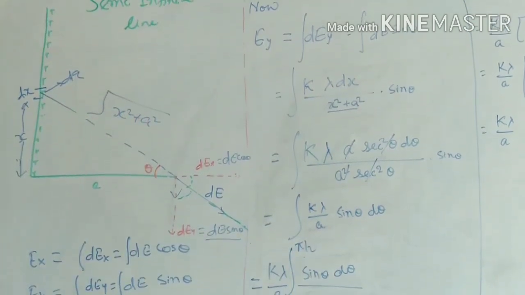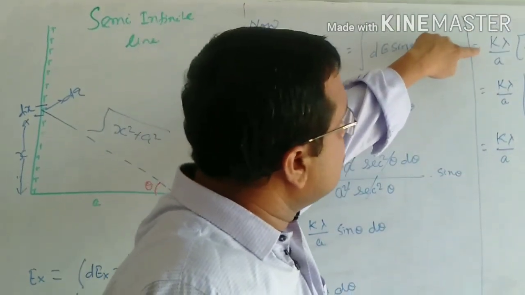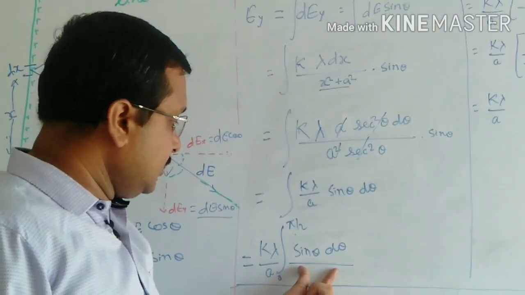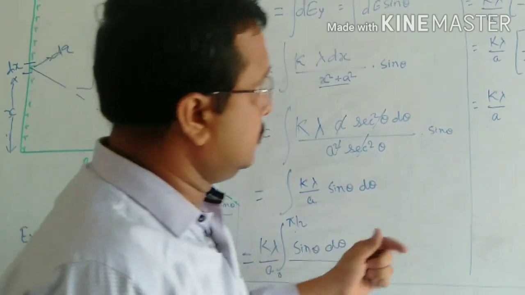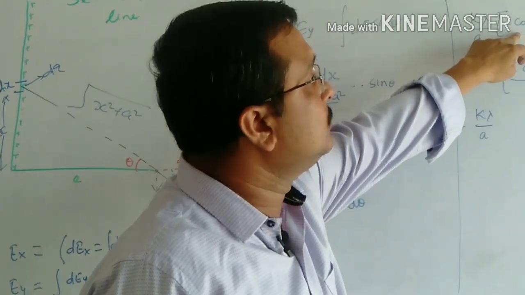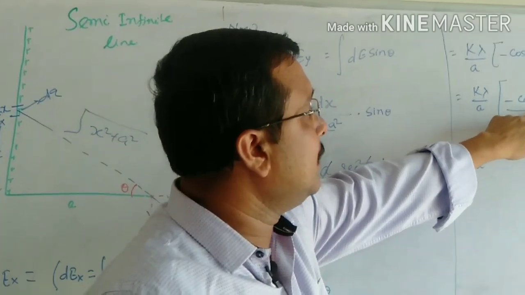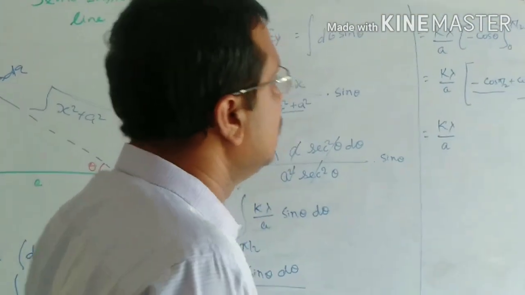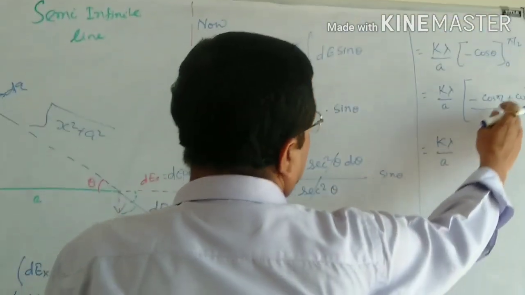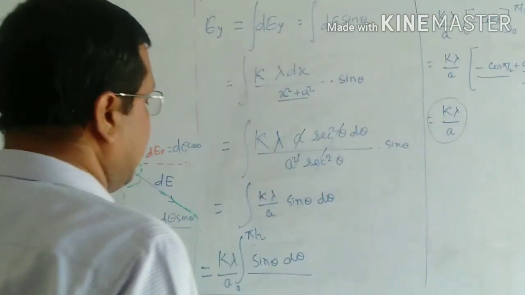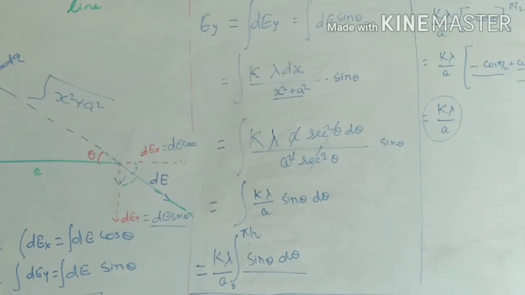Now 0 to pi by 2, what is the integration of sin theta? That is definitely minus cos theta. Put the limit: minus cos pi by 2 plus cos 0. So minus cos pi by 2 is 0 and cos 0 is 1. So that is k lambda by a, that is the value of Ey also.